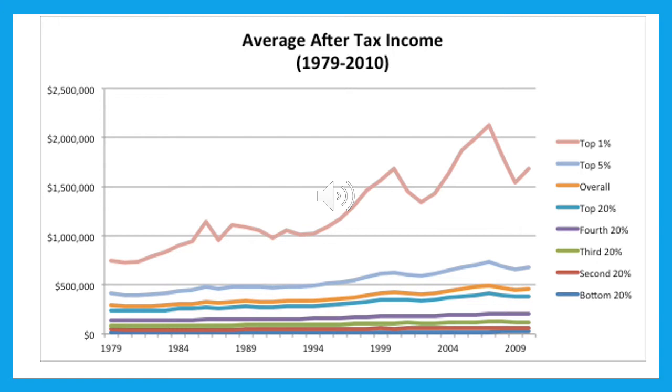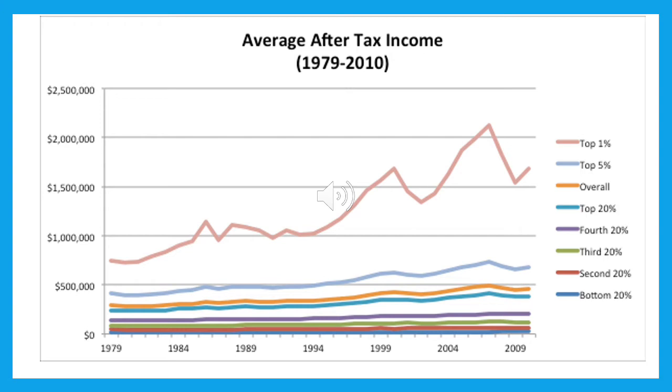And from there, all the lines are kind of clumped together, but try to stick with me. The purple line represents the 20% of earners who are second from the top, so the second richest fifth of Americans. The green line underneath that represents the third richest 20% of Americans.